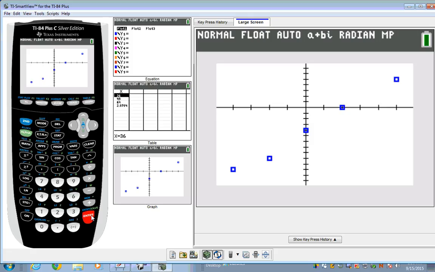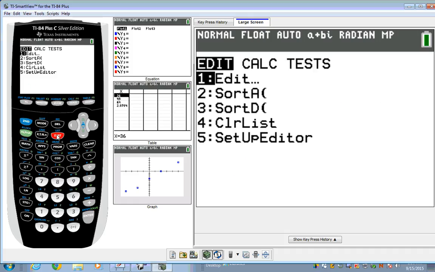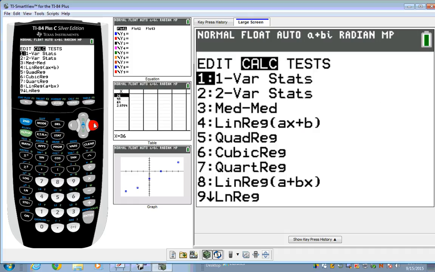If this is linear, then here's how we're going to find the equation for it. So I'm going to press stat again, and this time I'm going to go over here to calculate and look at all the different programs that I can run on this data. I have a bunch of programs that I can run, but the one I want to use is linear regression.